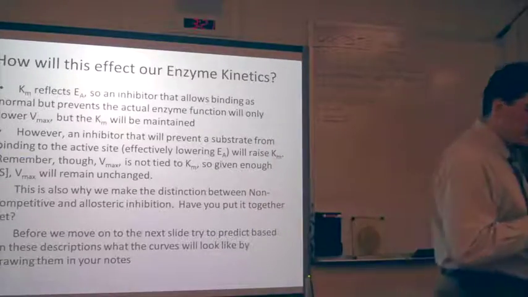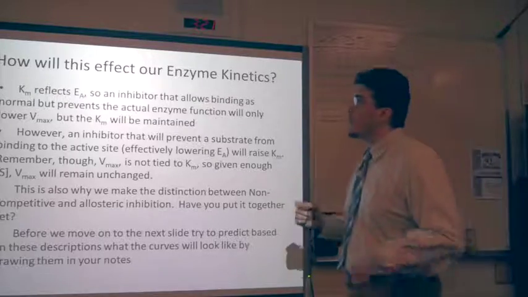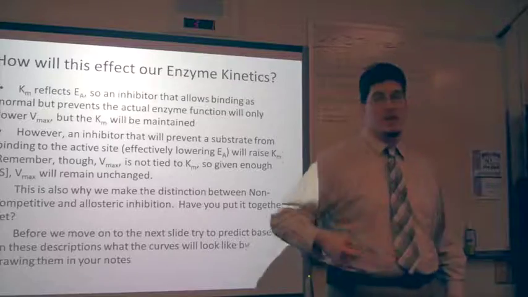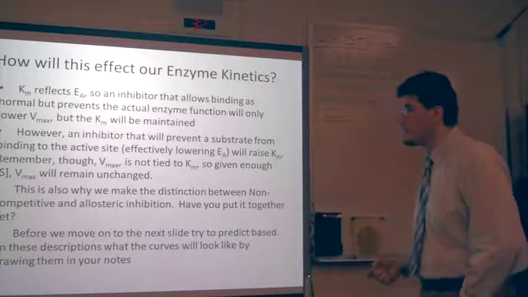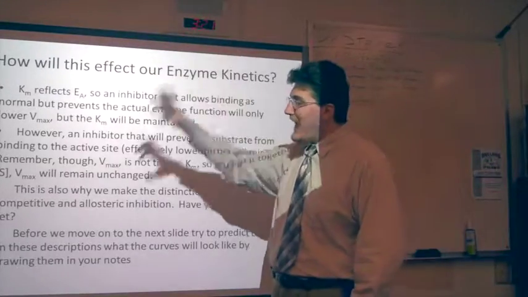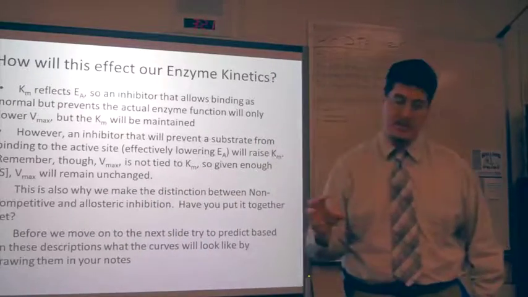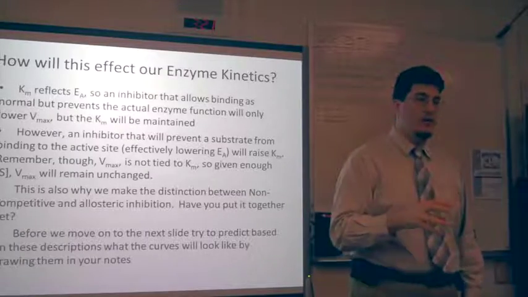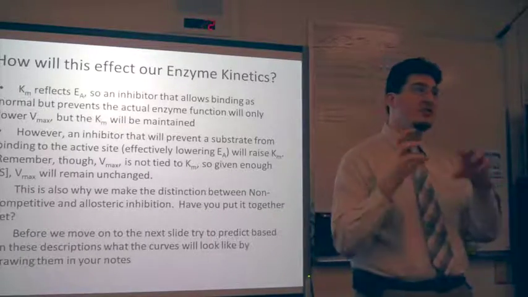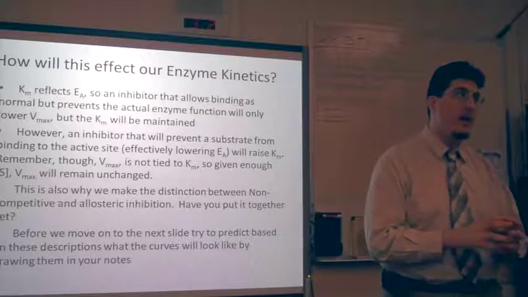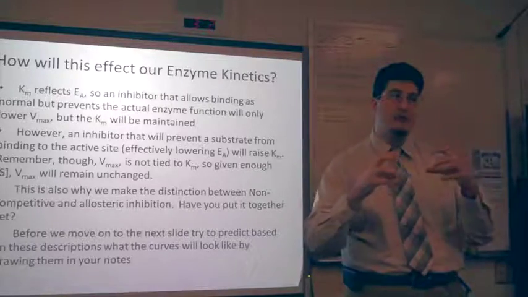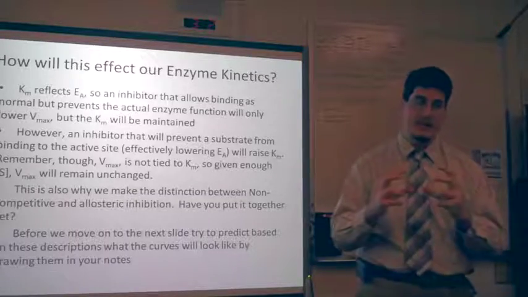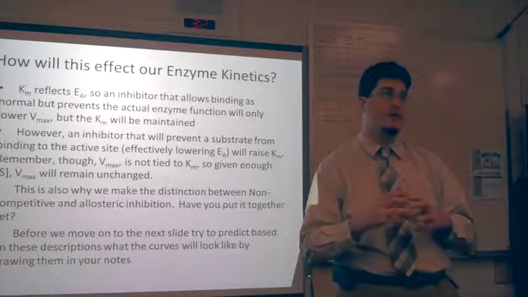So now that we understand those reactions, we need to move forward and understand how they'll affect our equation, the equations that we went over last time, the Michaelis-Menten plots. Since our Km, our Michaelis-Menten constant, reflects our enzyme affinity, how readily a substrate will bind to the active site of an enzyme, how readily the enzyme-substrate complex will form, how easily those two can fit together.